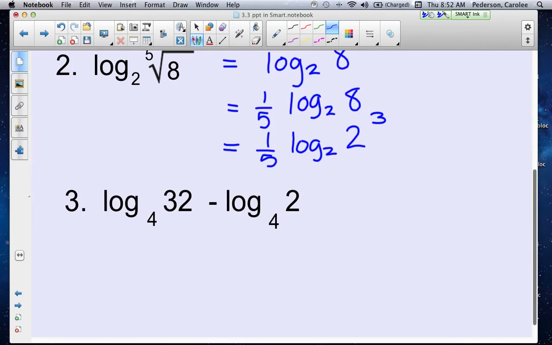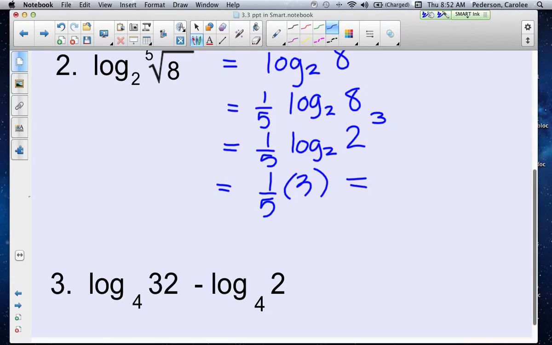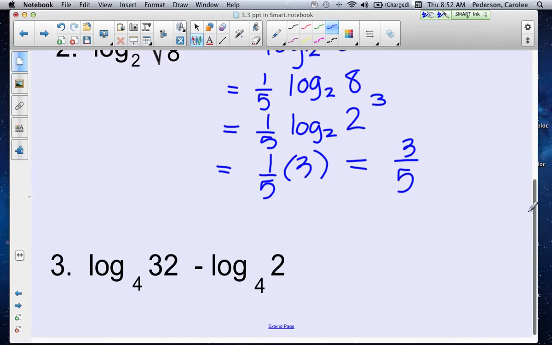You can bring the power to the front, or use the inverse. Log base 2 of 2 to the third is 3. And then 3 times 1/5, 3/5.